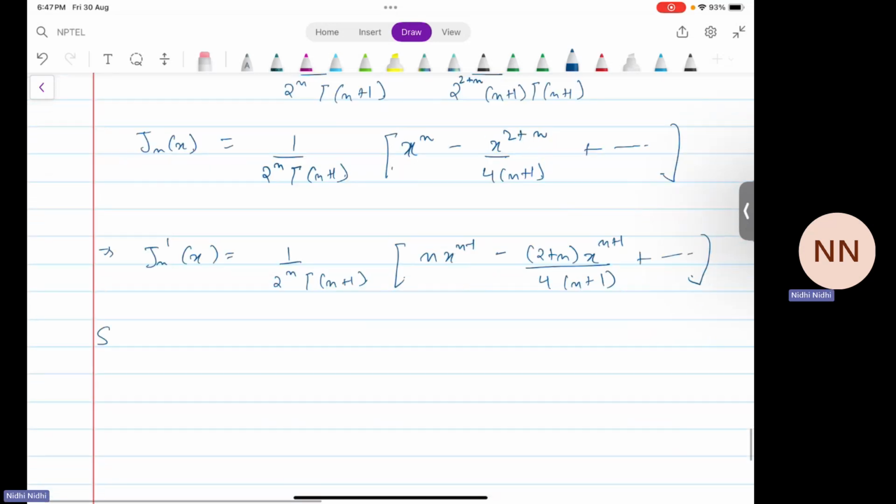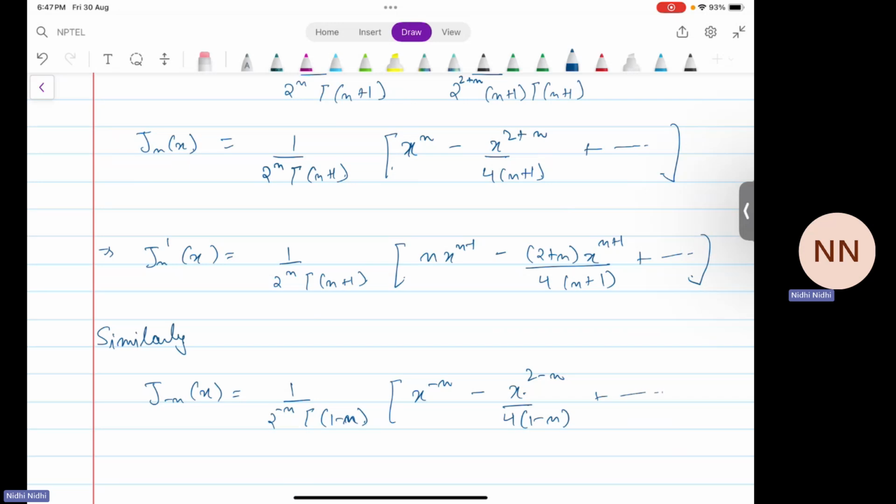Similarly, we'll get J_{-n}(x) is equal to 1 over 2^(-n) Gamma(1-n) times x^(-n) minus x^(2-n) over 4(1-n), and so on.